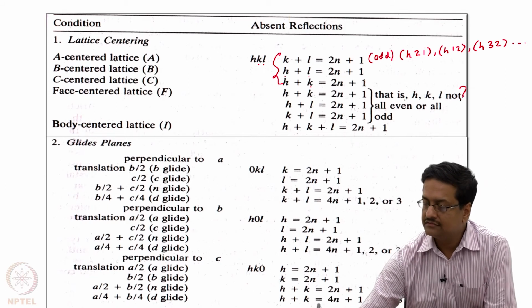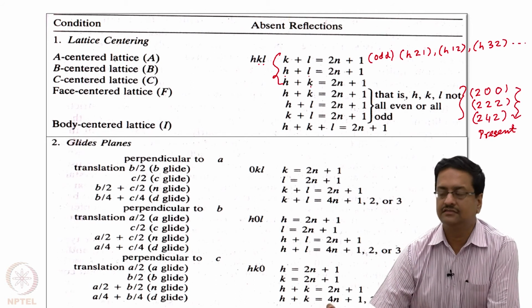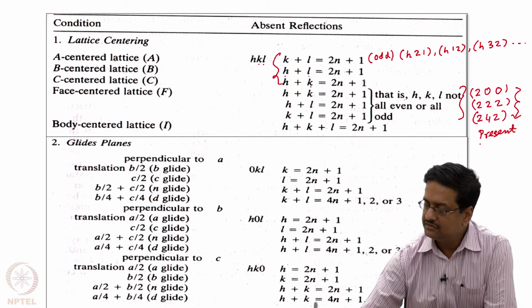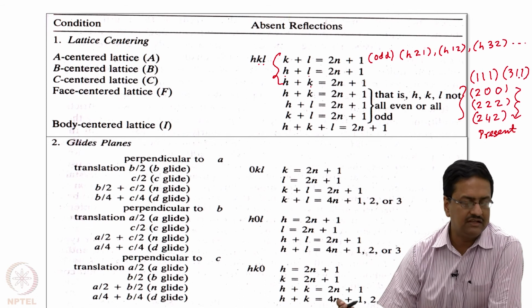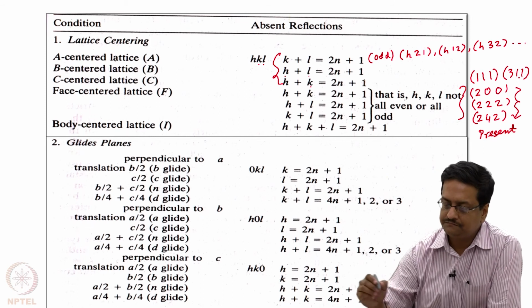So, in this case, only reflections like 2, 0, 0, 2, 2, 2, 2, 4, 2 will be present and any other reflections will be absent. Similarly, all odd also will be present. So, 1, 1, 1, 3, 1, 1, these are all odd sets of reflections and they will be systematically present, all others will be systematically absent.